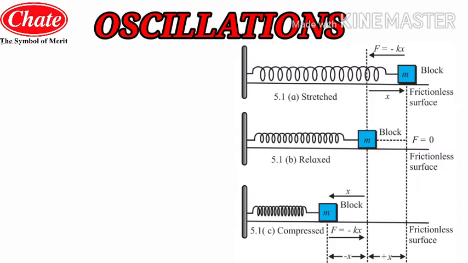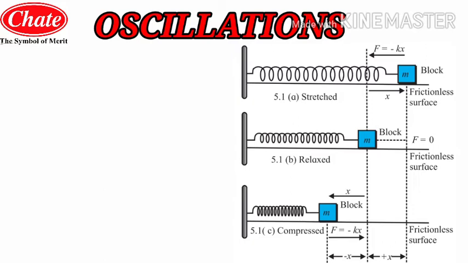So the displacement of the block towards the right side from the equilibrium position will be considered as plus x, and the displacement towards the left side from its equilibrium position will be considered as minus x. So these are the two displacements we have considered, plus and minus. So the block will move towards the left and will cause the minus x displacement.